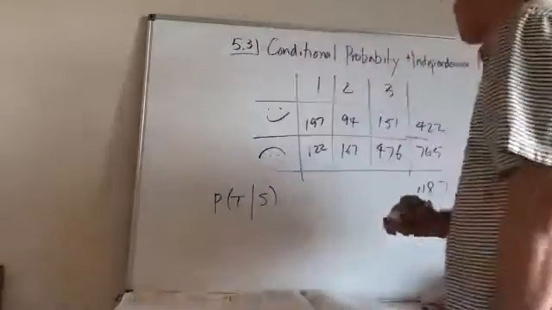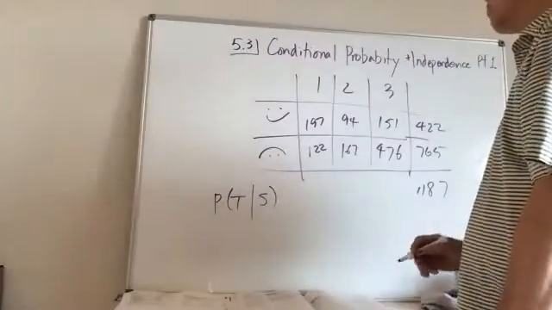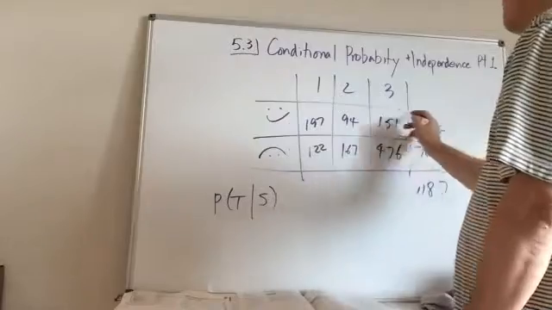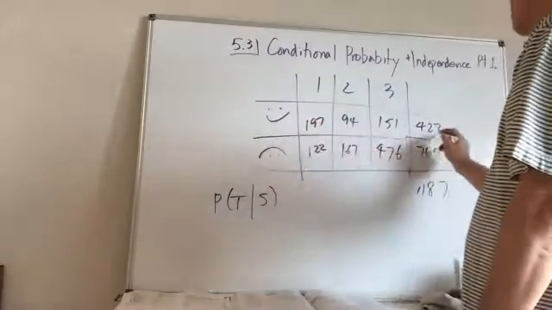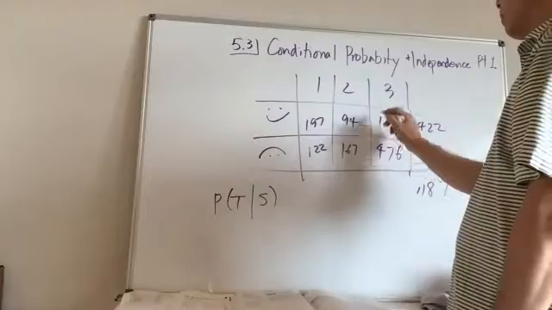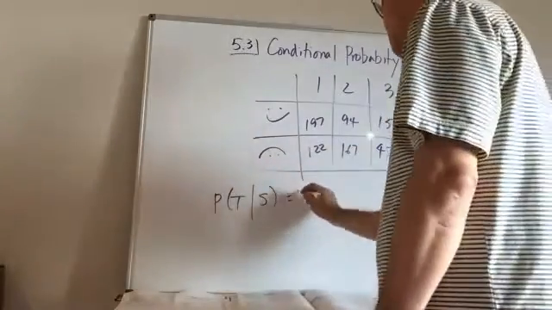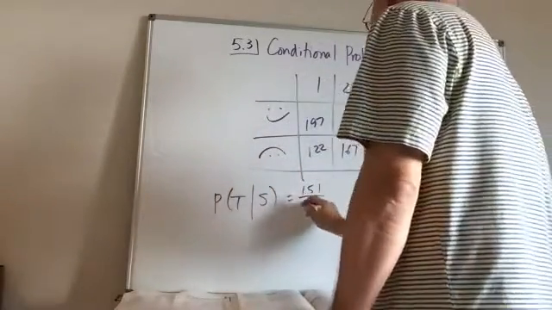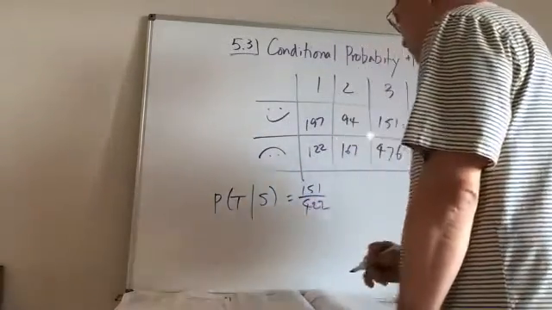Given you survived, you're up here. What is the probability that I'm a third class passenger? It's going to be 151 over 422.